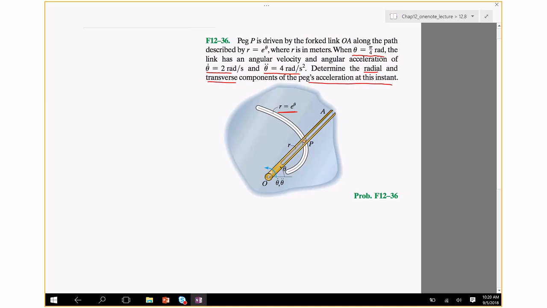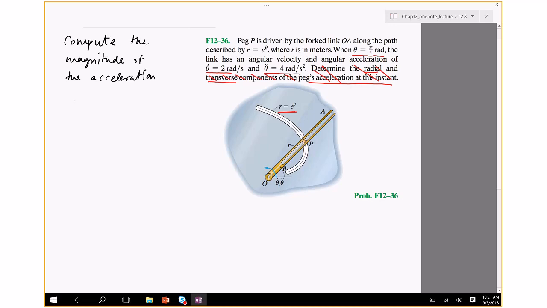So what I would say is, instead of giving this, compute the magnitude of the acceleration.